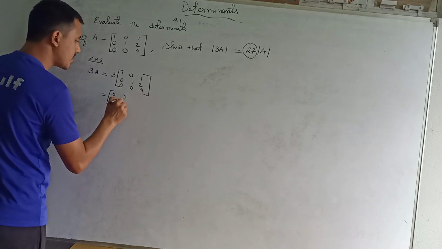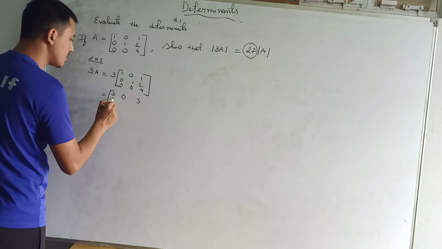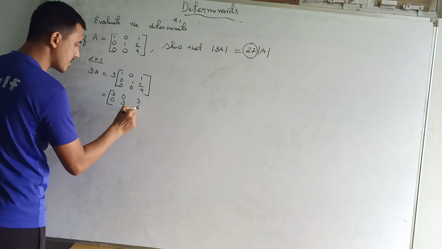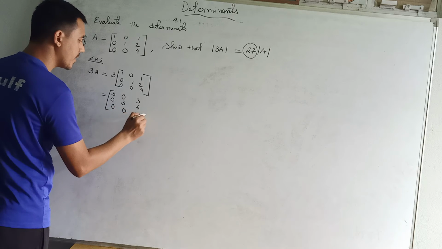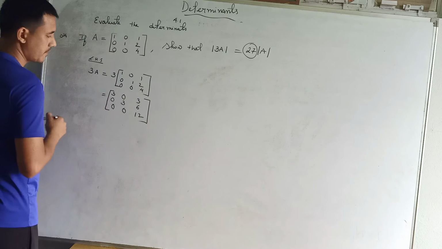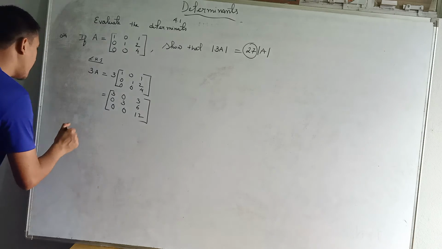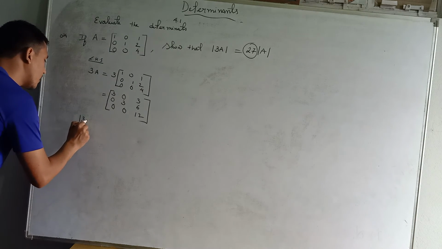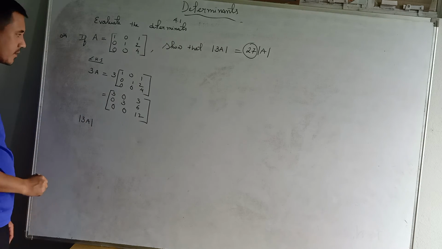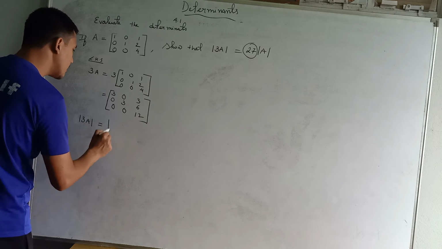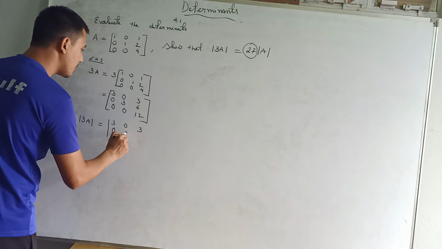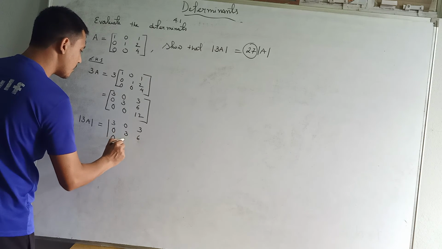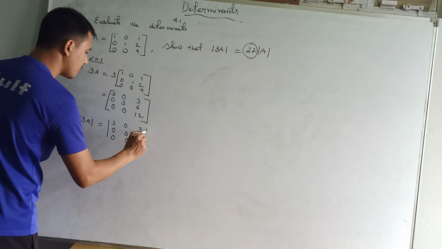So 3 0 3, 0 3 6, 0 0 and 12. Is it alright? Now we find the determinant of 3A. Determinant of 3A means determinant of 3 0 3, 0 3 6, 0 0 12.